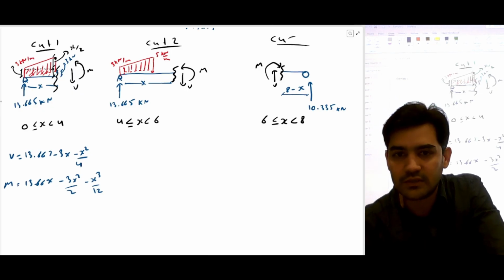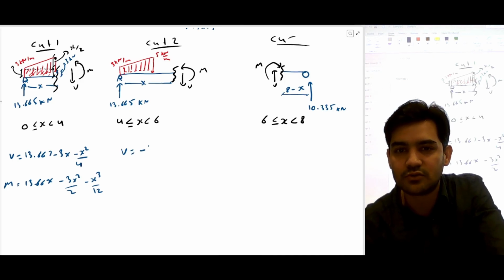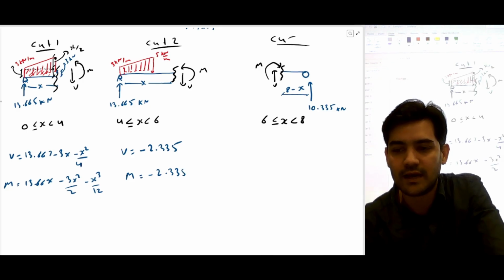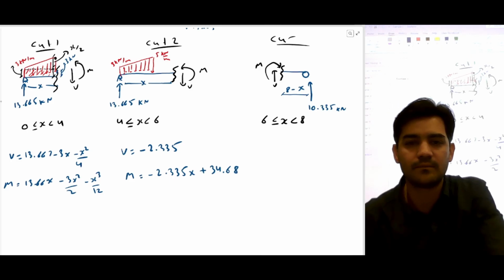If we do the cut 2, you're going to get the value of shear force is minus 2.335. And the value of moment you will get is minus 2.335x plus 34.68.